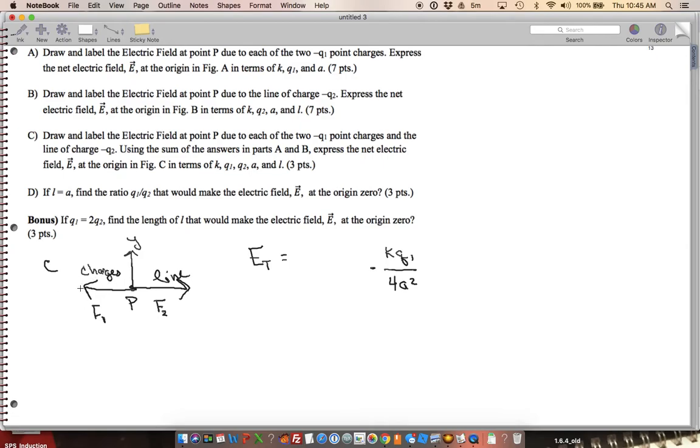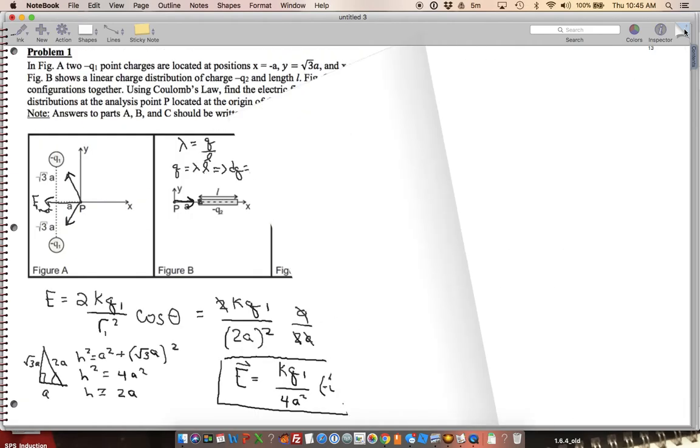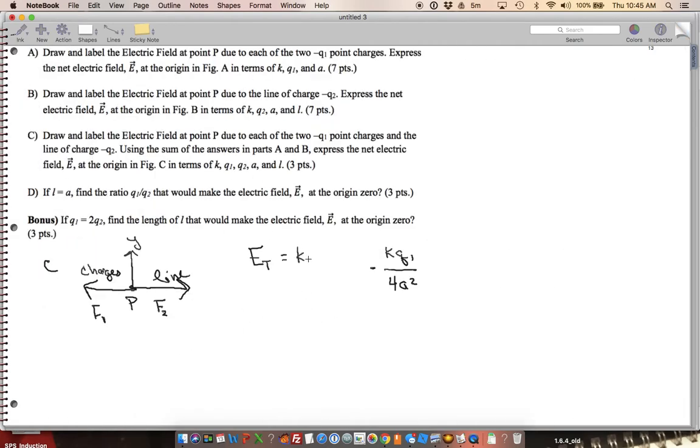And then the other one is kQ2 over a times (a plus l). Right, and this is all in the positive i direction. And why do I know it's positive? I don't, but I'm saying this is the positive direction: this one is the positive direction minus this one.